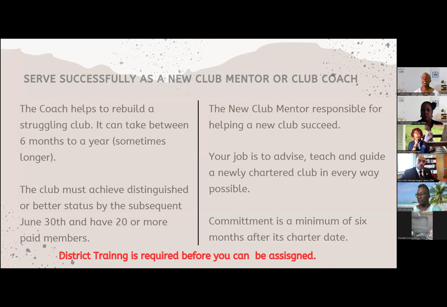So we have the club retention chair who manages the training for the club coaches. We have our club extension chair who manages the training, I think it is for the club mentor. And then we have one other chair, I have it on another slide, who manages the training for the club sponsor that I'm going to talk about.